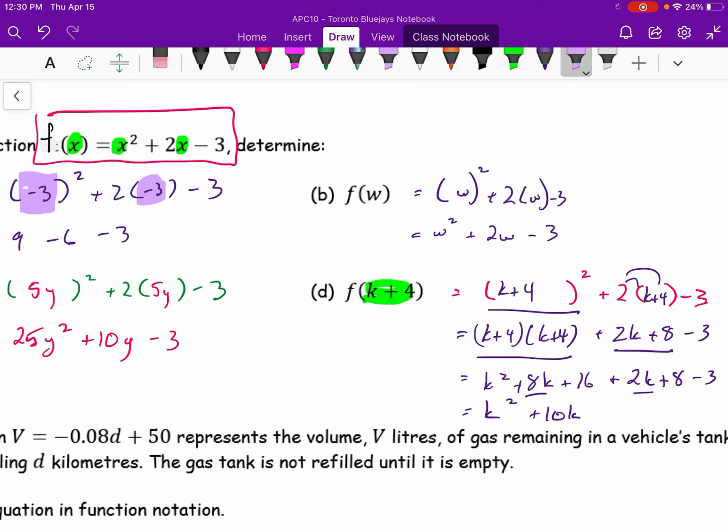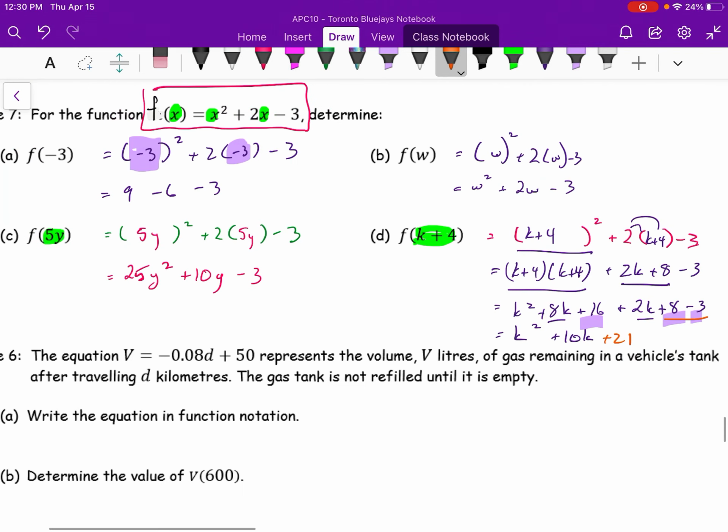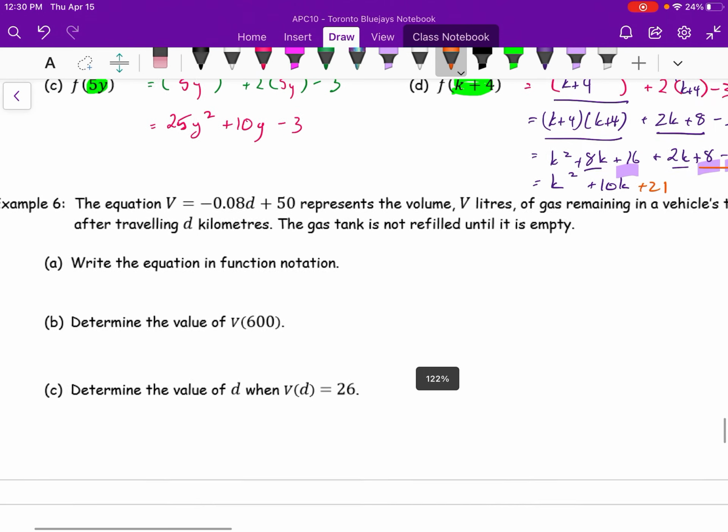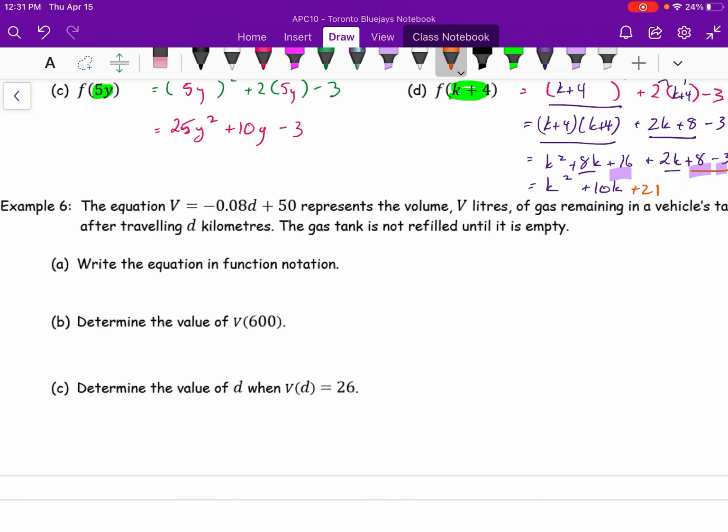I'm going to add the constants together now. And I get 16 plus 8 minus 3. So 8 minus 3 is 5 plus 16 is 21. All right. Let's continue. So perhaps what we're starting to see with example number 6 is the purpose of functional notation.